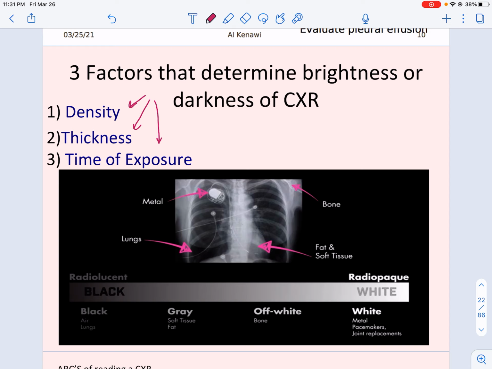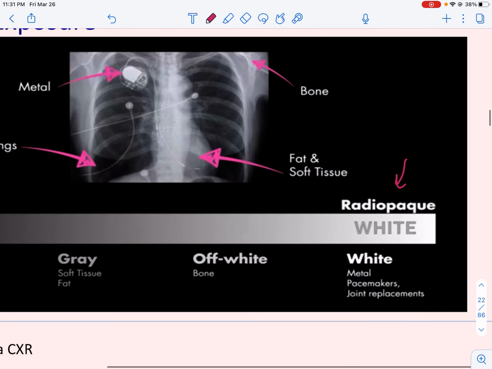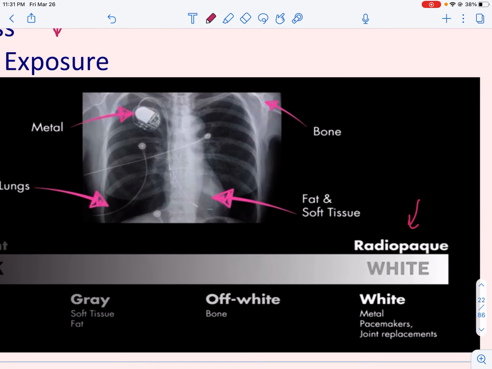For example, we know that if the structure is denser, it's going to appear white, and if the structure has less density, it's going to be black. What does that mean? If we see this scheme, metal, pacemaker and joint replacement appear really white as we see here.